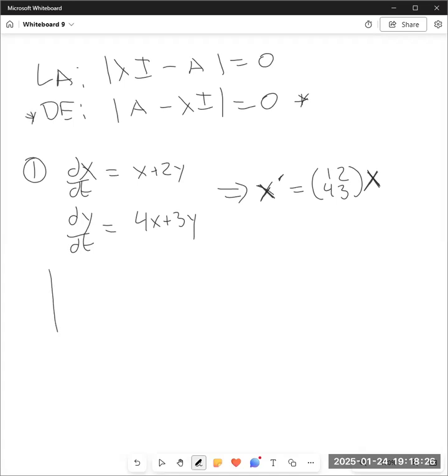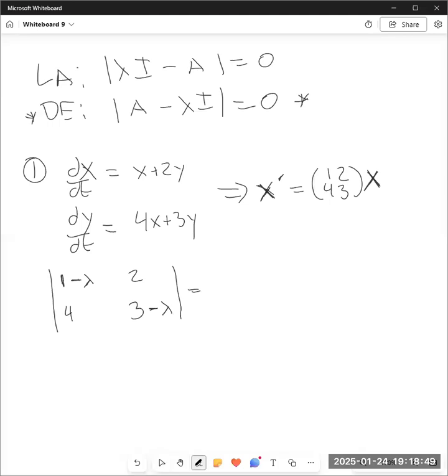So I'm going to take the determinant of, and I'm going to list my A values out here. And along the main diagonal, where there are ones on the identity matrix, I'm going to be subtracting lambda.